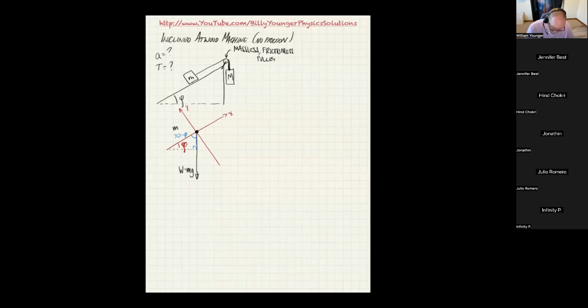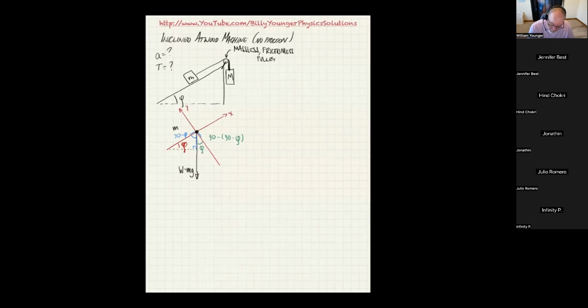But we'd also notice that this angle right here is also 90. So this angle right here would be 90 minus (90 minus phi). And I think you can see that that turns out to be just phi.